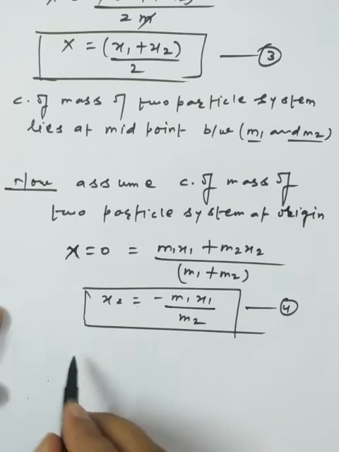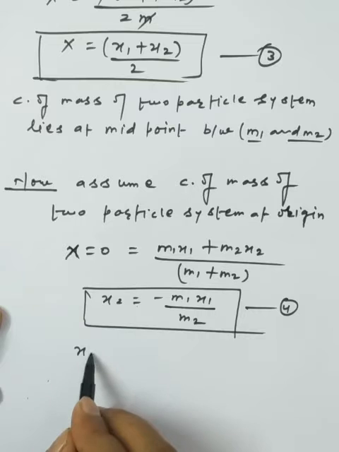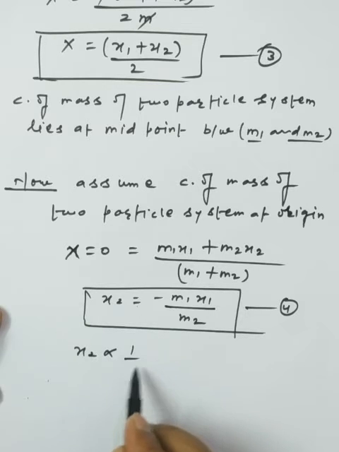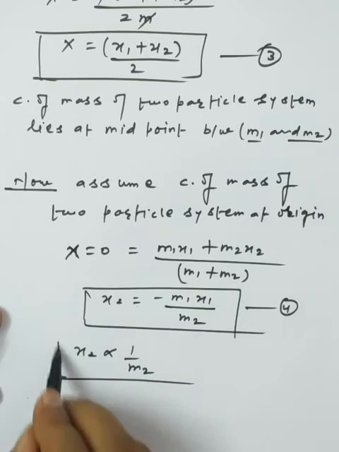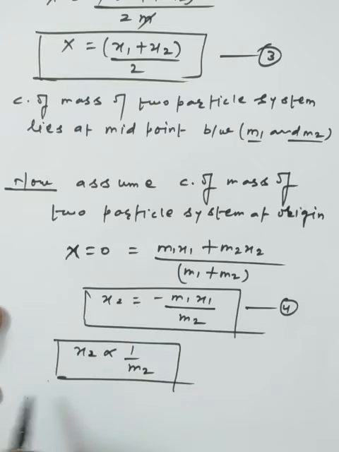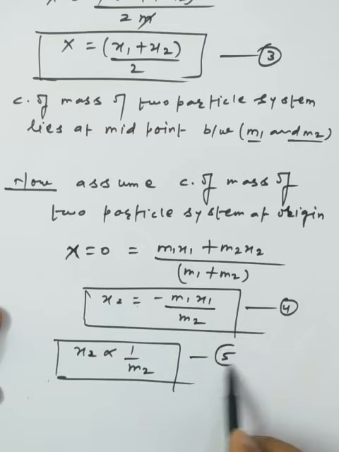Now we can easily see that x2 is inversely proportional to m2. Okay, so this assumption states that if the mass of the body is heavier, its center of mass will lie closer toward it. Okay, so this is equation number 5 we have.